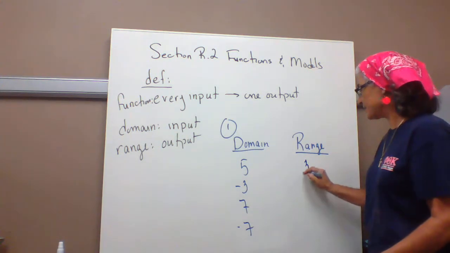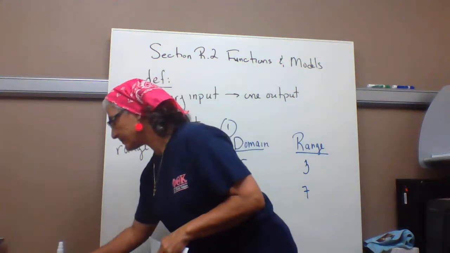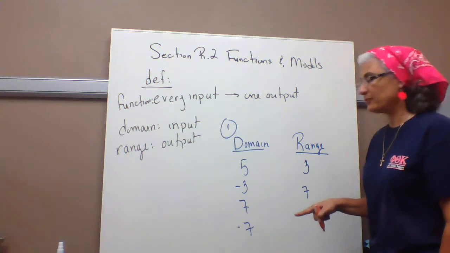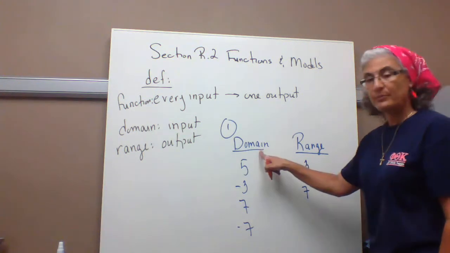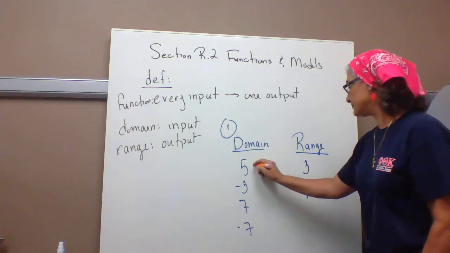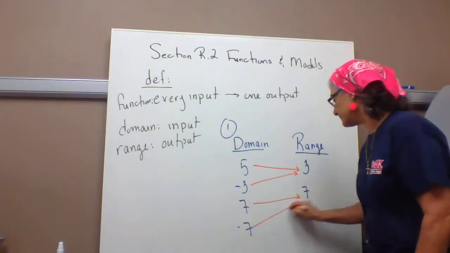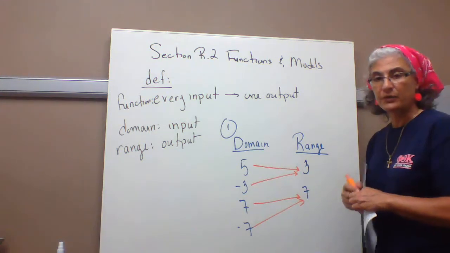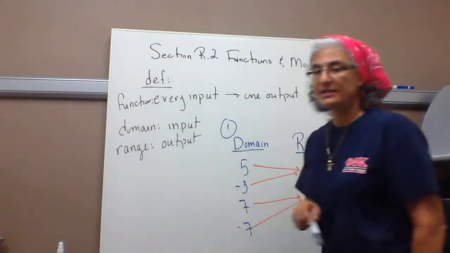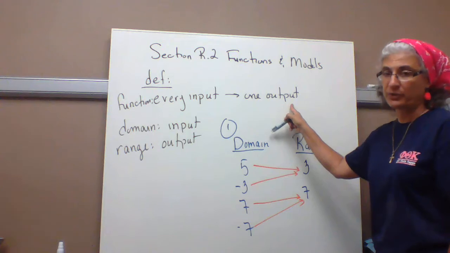The range has these numbers in it. And these arrows are going to tell you which input is going with which output. Okay, now, let's take a look. The definition of a function is for every input, there's only one output.